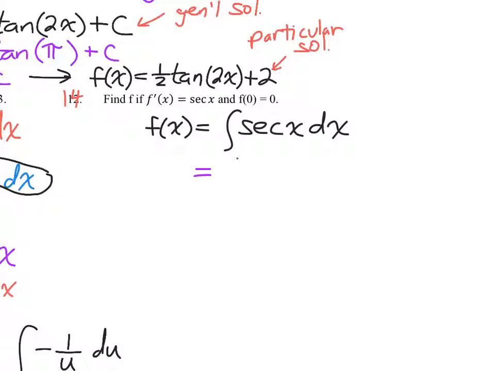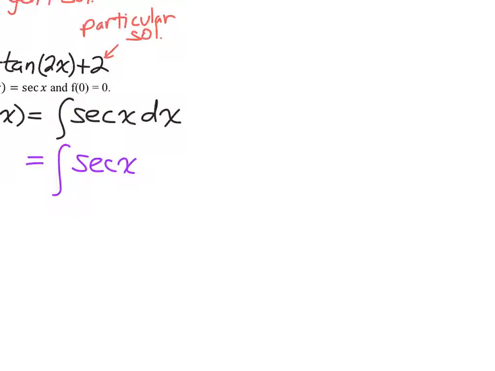The key to this one, and I'll tell you, this is on my list of things to do. I've been meaning to research the origin story behind this one, but somebody who's definitely smarter than me came up with this idea. It said, you know what? Let me multiply secant by secant x plus tangent x.